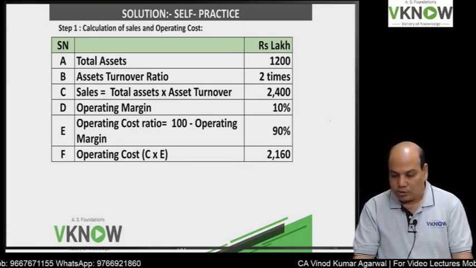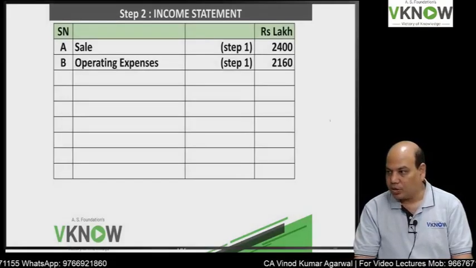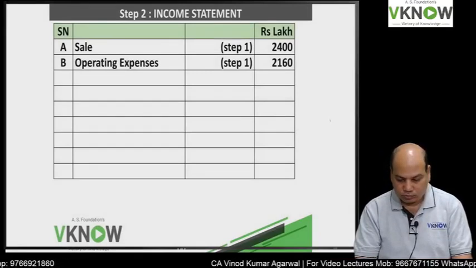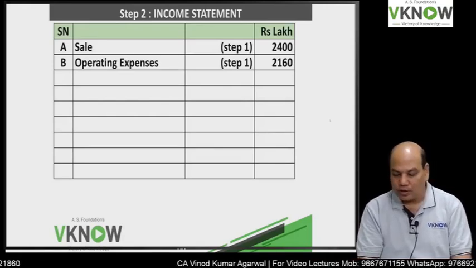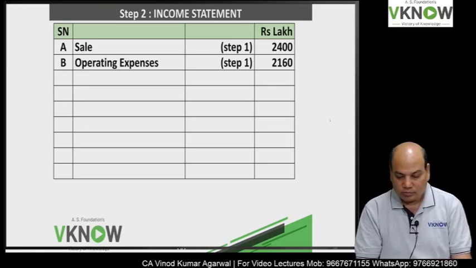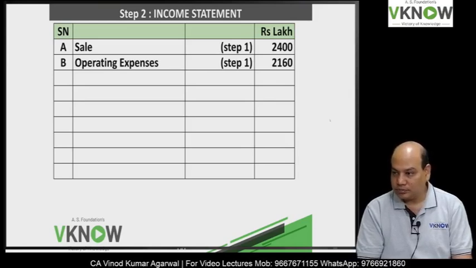So now we are in a position to prepare the income statement. Step 2, write down income statement. There is no fixed cost. This operating expense includes all variable and fixed cost. Operating expense will include your cost of goods sold, variable cost, fixed cost, admin cost.